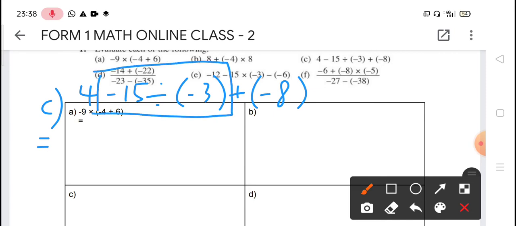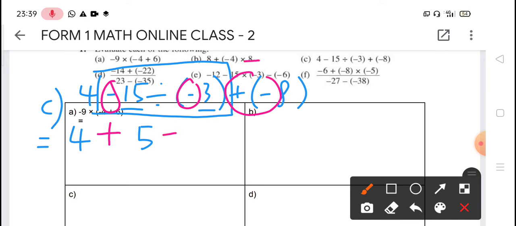So 4 still 4. 15 divided by 3, we get 5. 15除3拿到5，对不对？And negative, negative will get positive. Okay, 除法里面两个相同的符号除在一起就会拿到 positive. Okay, next, here positive negative will get negative. So here it will be negative 8.